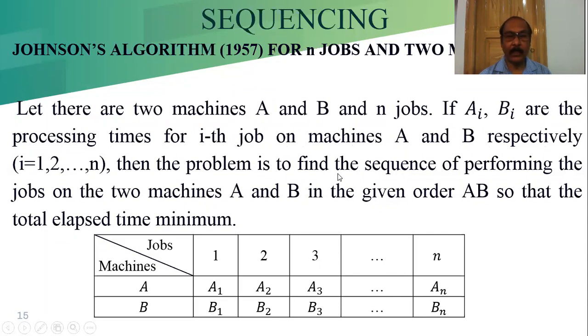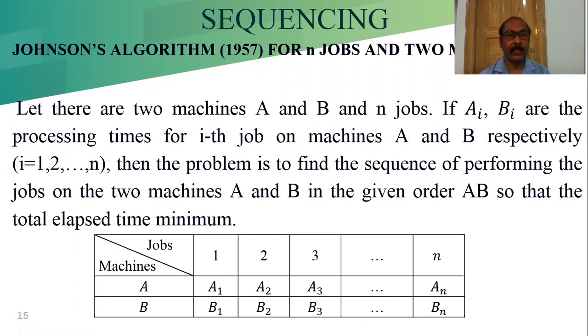Then the problem is to find the sequence of performing the jobs on the 2 machines A and B. So you have to arrange the jobs in a sequence for performing on machines A and B by using Johnson's algorithm, performing the jobs on the 2 machines A and B in the given order AB so that the total elapsed time will be minimum.